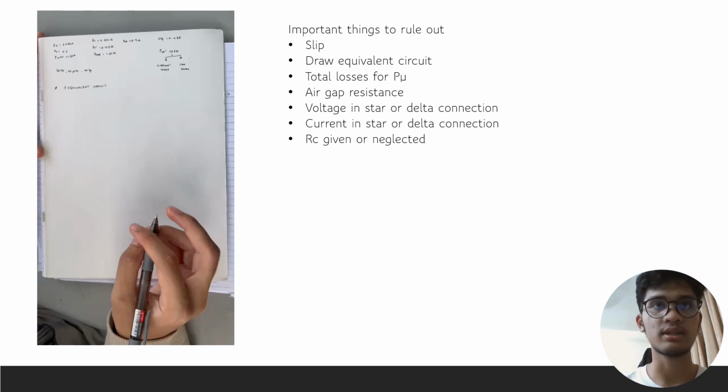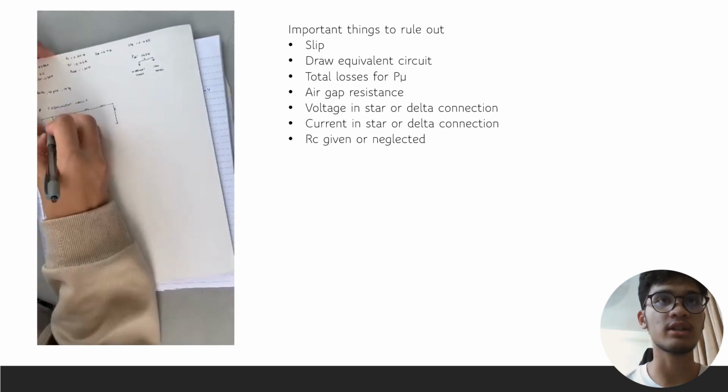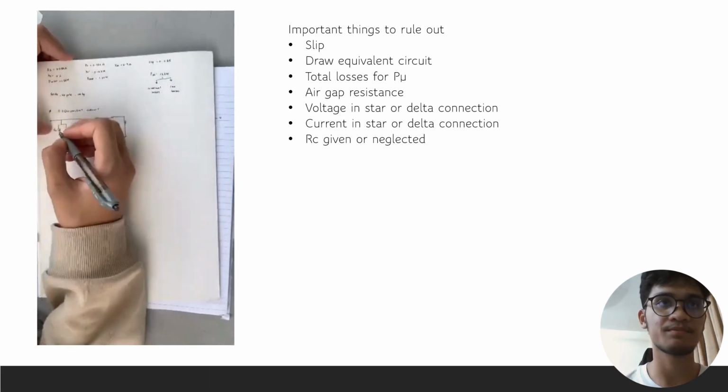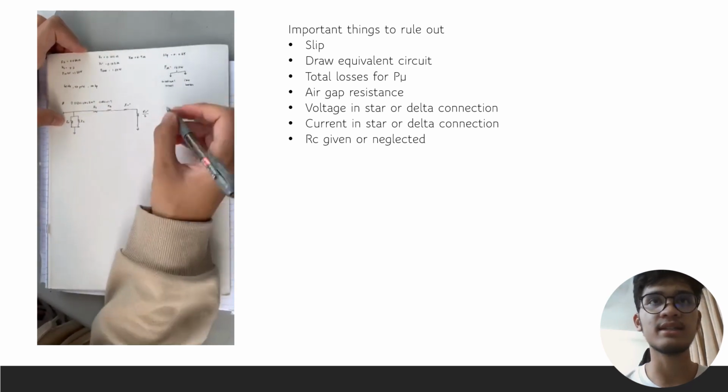As you can see, first we have to draw the approximate equivalent circuit. Note that these are the important parameters that we need to work out first. So slip, if not given, we have to find slip, which is ns minus nr over ns.